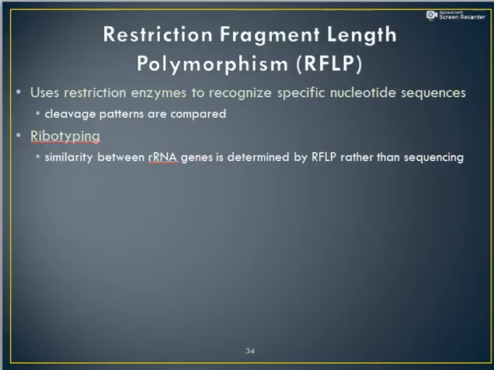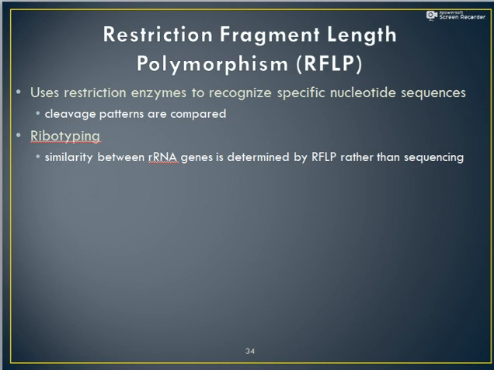The next molecular method which we have is restriction fragment length polymorphism. Here we use restriction enzymes to recognize specific nucleotide sequences and look at cleavage patterns. Now, what do we mean by restriction enzymes?